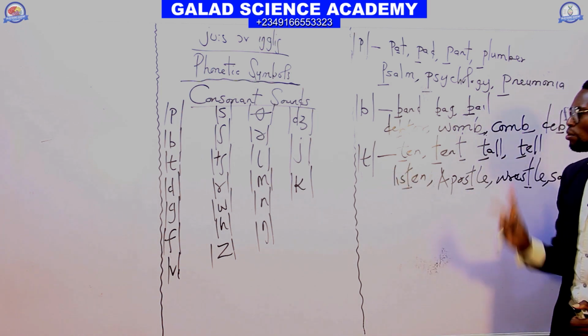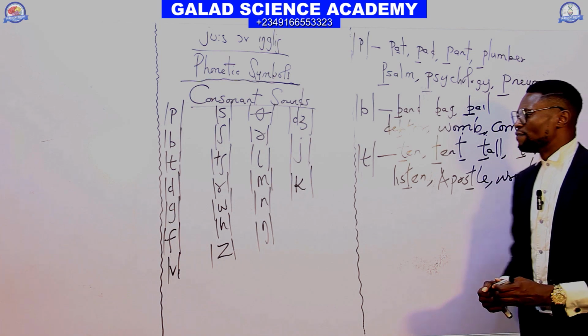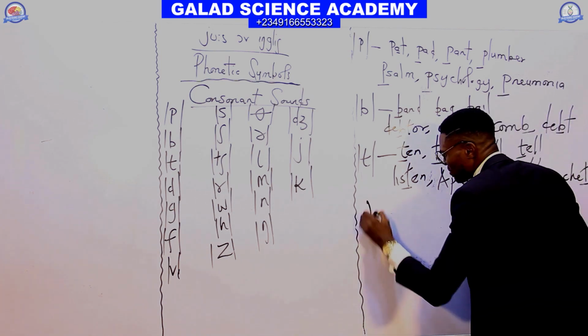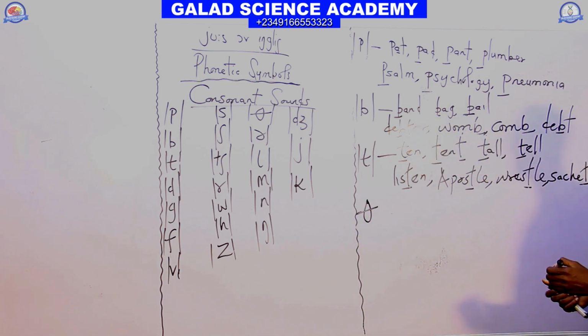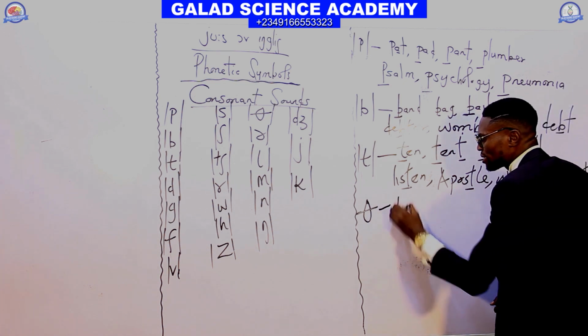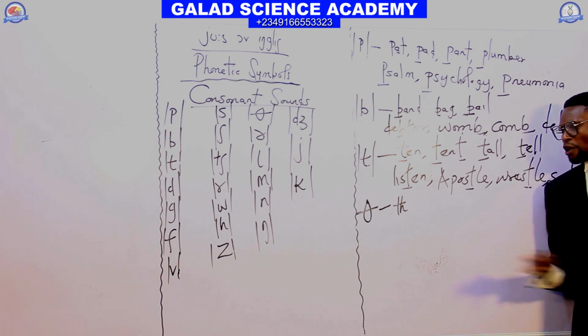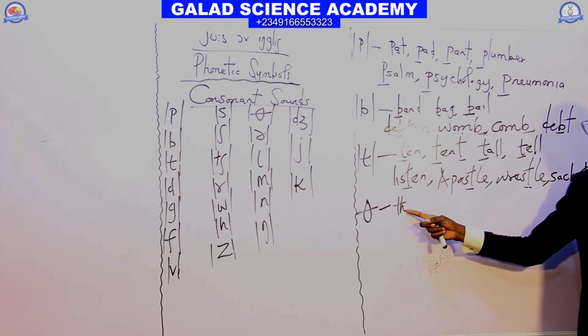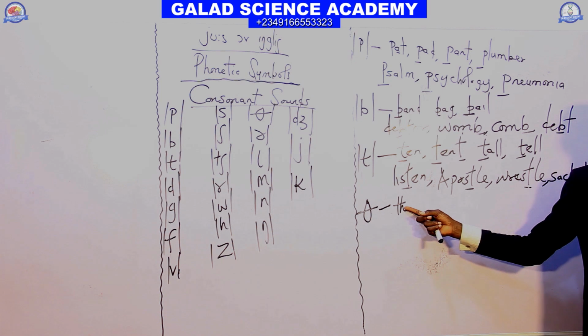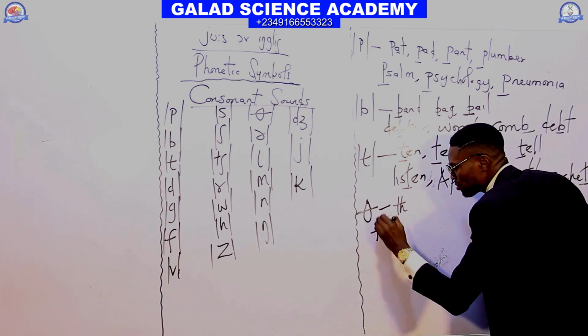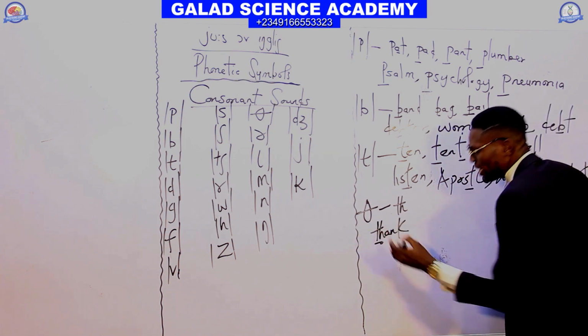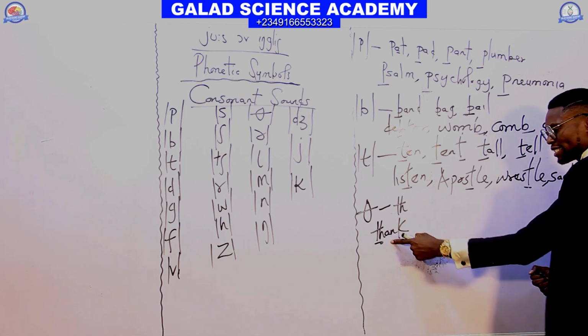And I will just pick two more, which are also very important. I have to take this sign. This sign here is always gotten when I have TH, and it is voiceless. It is purely voiceless. So anytime I have TH and this is a voiceless sound, like thank, this TH is voiceless.